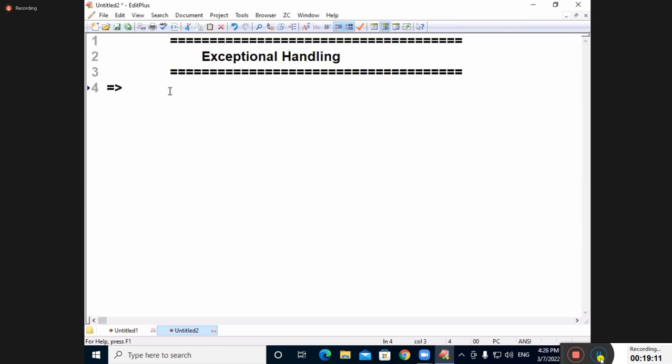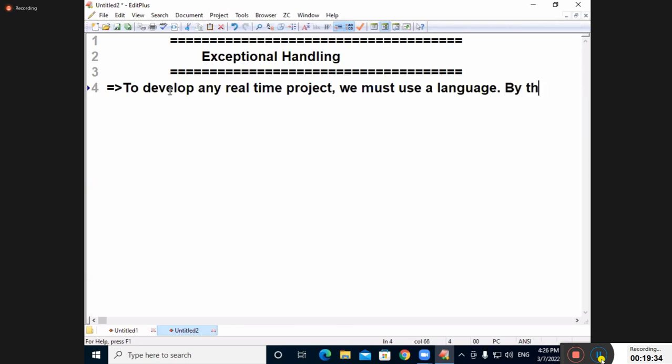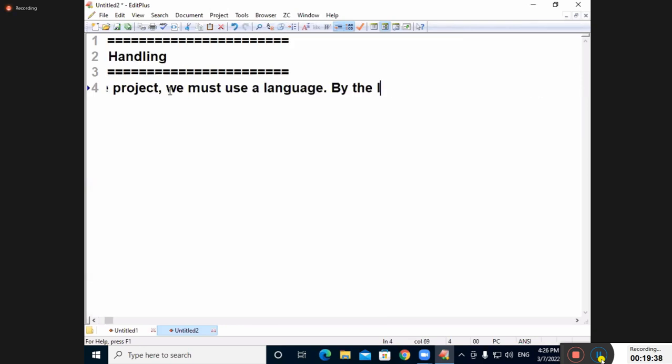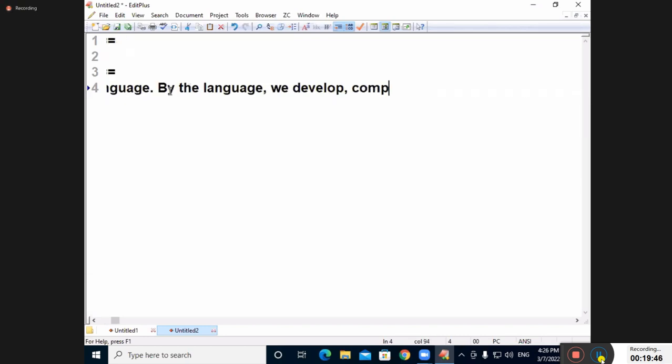So I will continue, students. Look at that. To develop any real-time project, we must use a language. By using the language, carefully try to understand, we develop, we compile, and we execute various programs.